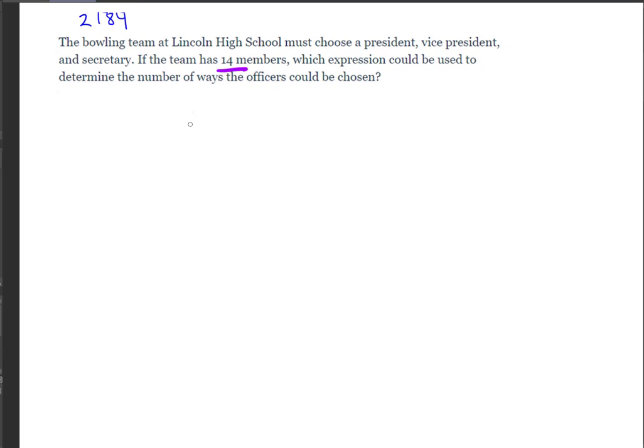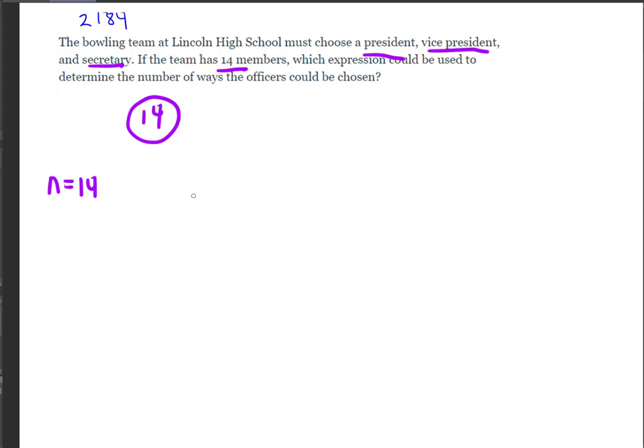But what we're going to do with this one is, the pool of people that we're choosing from, there are 14 people in that pool. So that's going to be our n value. Our n is equal to 14. Now notice they want to choose a president, a vice president, and a secretary.